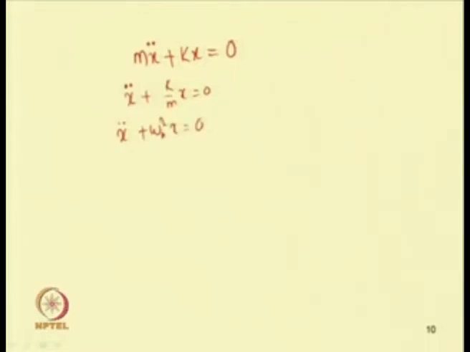We already know the solution of these linear systems can be written in this form: x equal to a sin omega n t plus phi, where a and phi can be obtained from the initial condition.